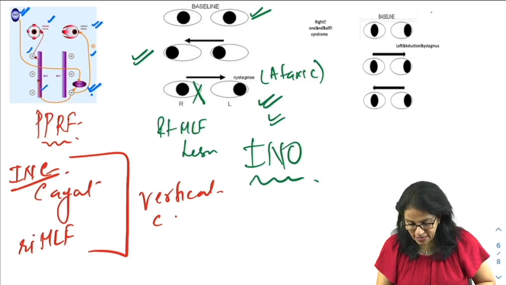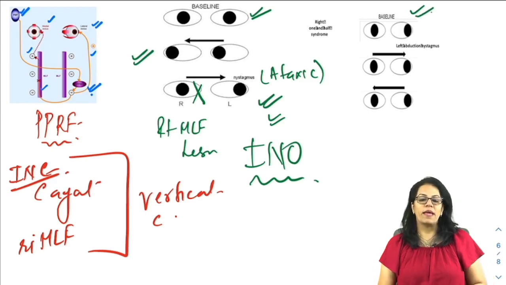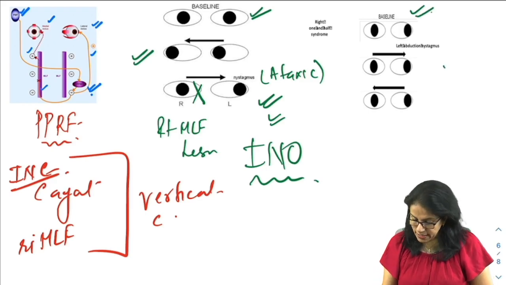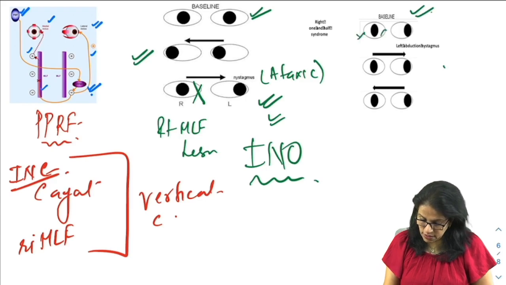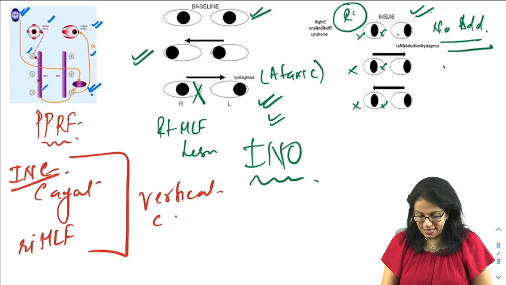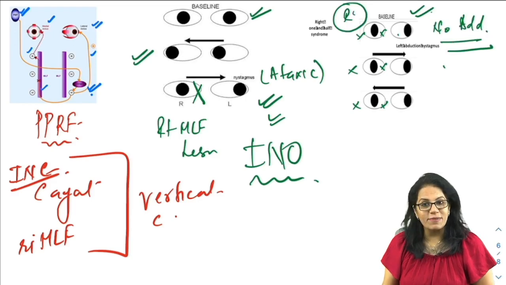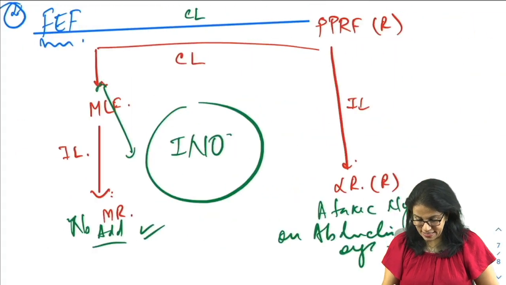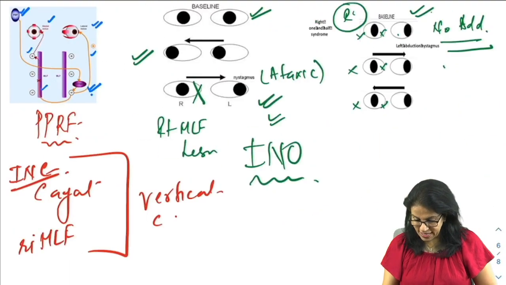If you look here, this time the baseline is not primary. What are we looking at? Can you see there is no adduction, no abduction on one side, and there is no adduction on the left side. Right side, no adduction, no abduction. Left side, no adduction. So why is this happening?